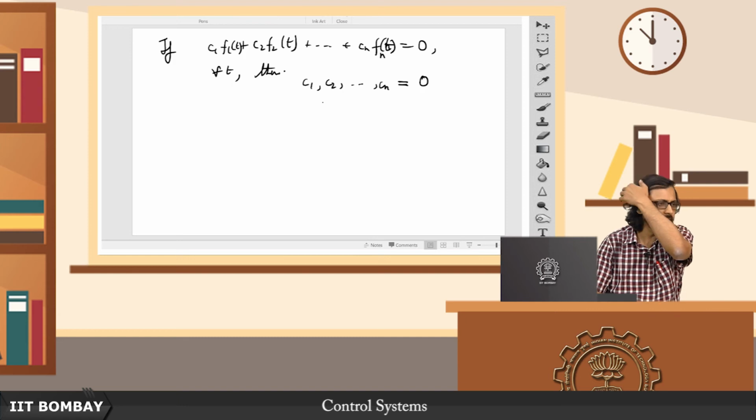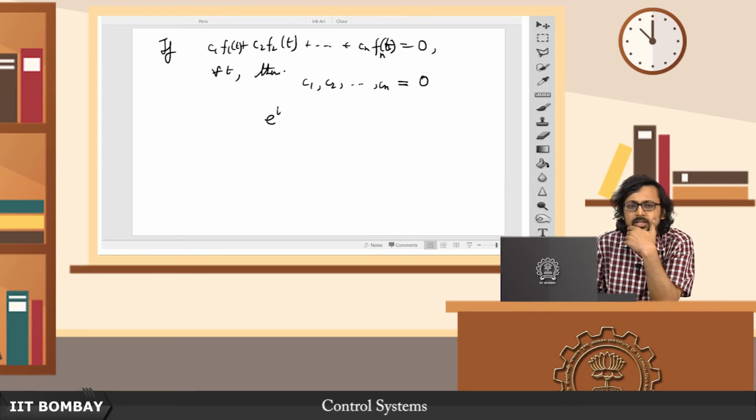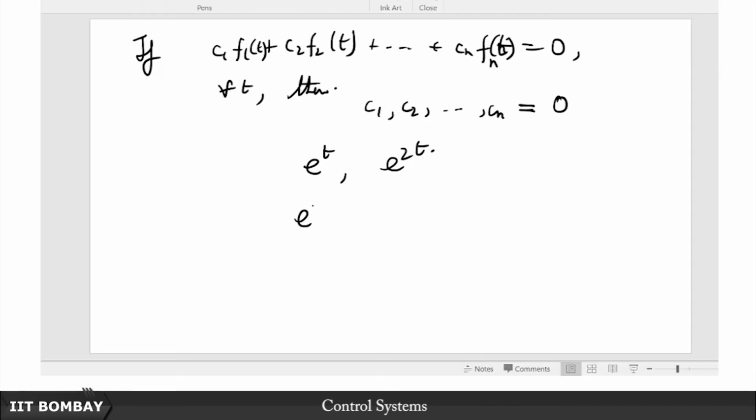The important thing here is, now suppose you take the functions e to the t and e to the 2t. The question is, are these linearly independent? So you take for instance e to the 2 times e to the t, minus e to the 1 times e to the 2t.